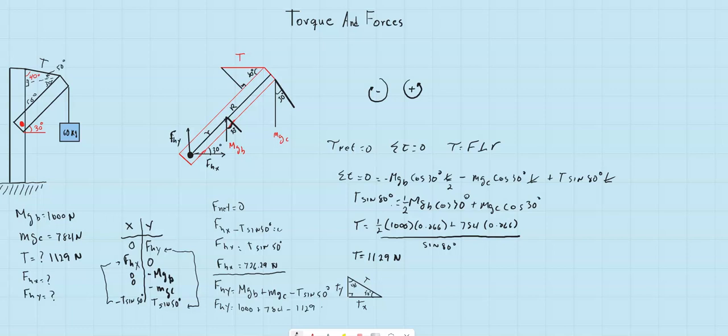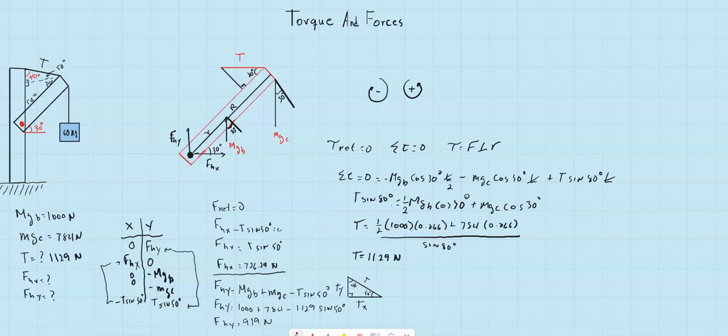Times the sine of 50 degrees. If you enter all of this into your calculator, you're going to see that your FH of y is equal to 919 newtons. That seems pretty okay because the beam, just the beam itself, weighs 1000 newtons.